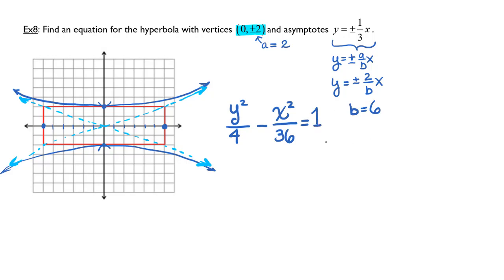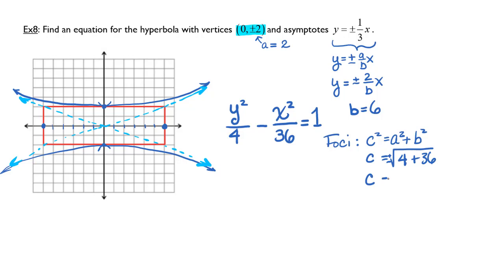The last piece we could find are the foci, which are at c squared equals a squared plus b squared. So c is equal to plus or minus the square root of 4 plus 36.